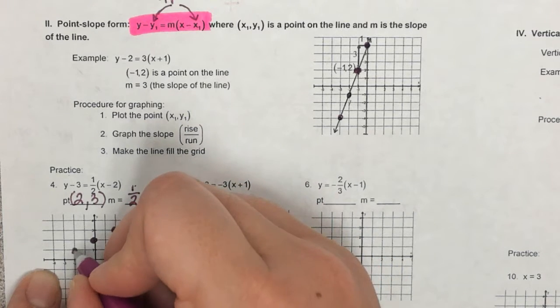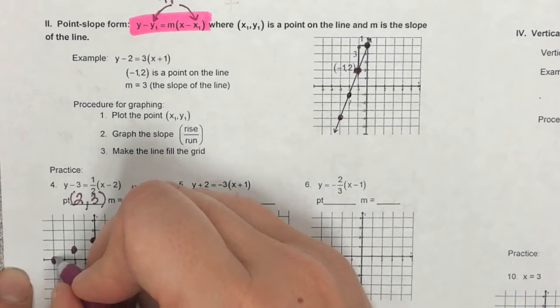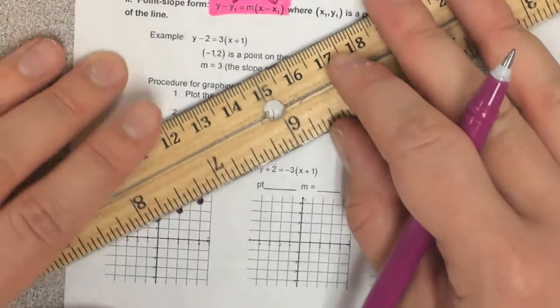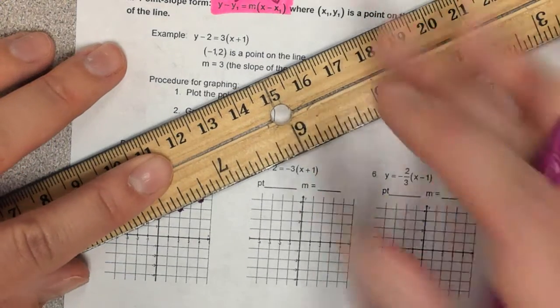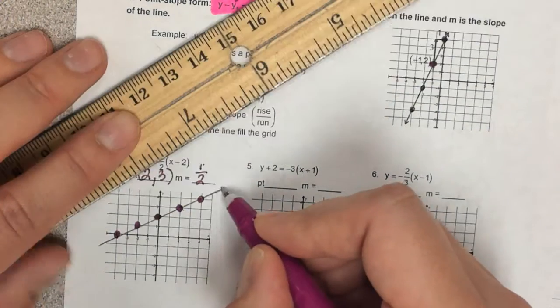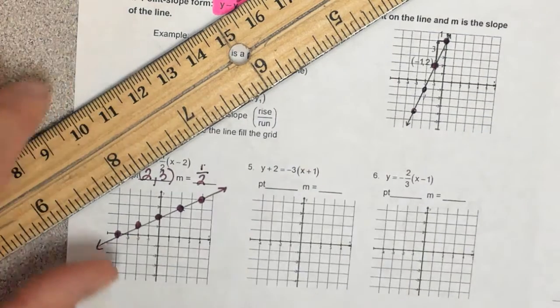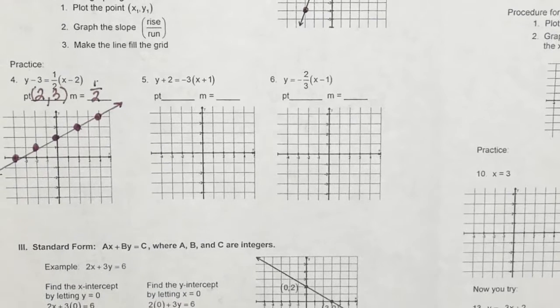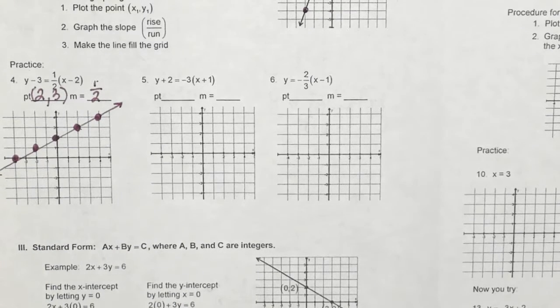Down 1, left 2, point. And now I have my line. All right, now you all try 5 and 6, and I'll come by and help you. And then I'll show you the correct answers.